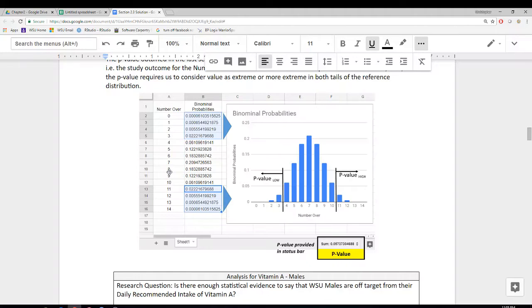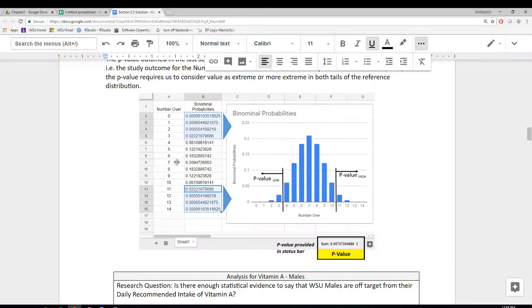Okay, now remember how we compute that. The expected quantity here is 7, and the study outcome is at 3. So the study outcome is 7 minus 3, actually 4 below the expected. So I highlight values 3, 2, 1, 0.